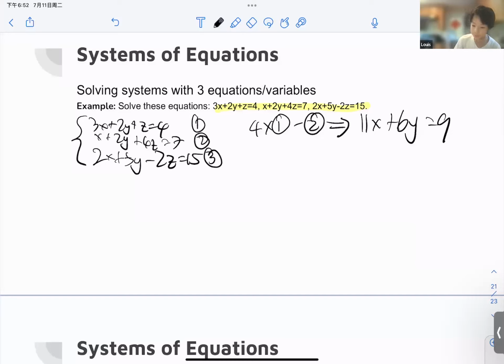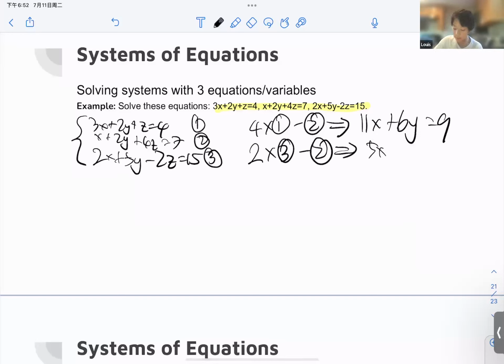And then after that, using 2 times equation 3 minus equation 2 gives us, after simplifying, 5x plus 12y equals 37.